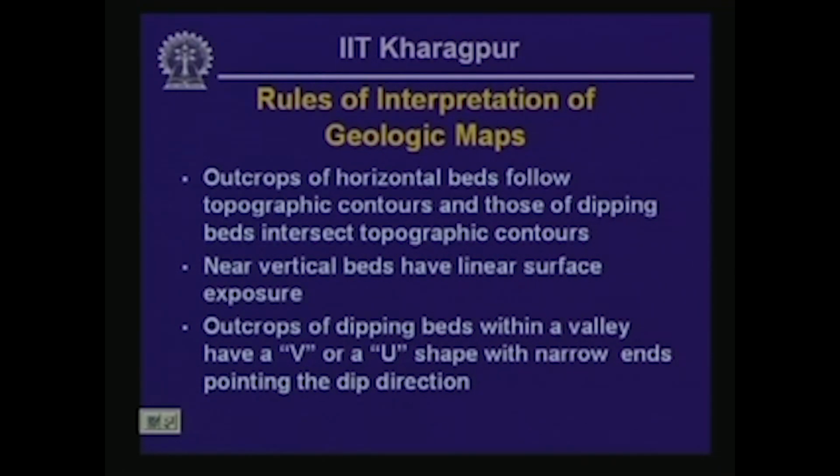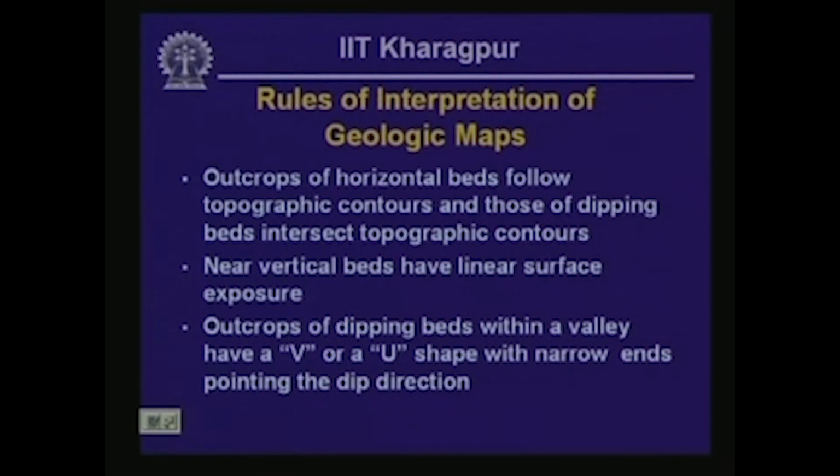And the rules are, let me state the rules in order. Outcrops of horizontal beds follow topographic contours, and those of dipping beds intersect topographic contours. We are going to illustrate this one with a picture in one of the next slides. And secondly, near vertical beds have linear surface exposure.